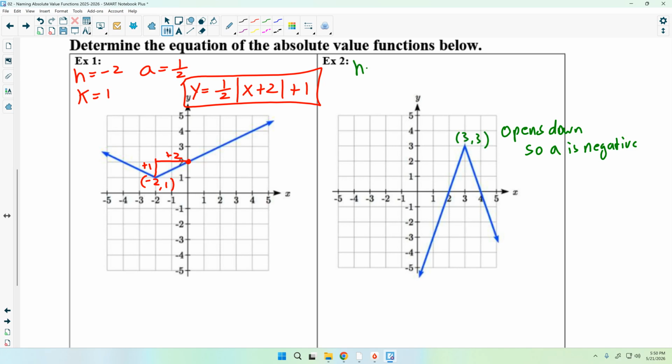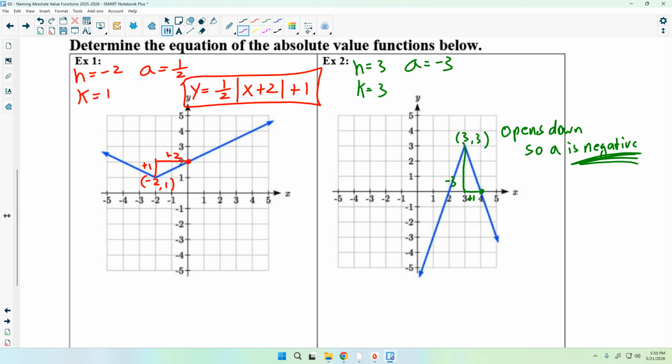So we know h is 3, k is 3, and now let's find our slope. Another perfect point, I'm going to use this one. I can see we're going down 3 to the right 1, and we want our slope to be negative because our a value is negative. So negative 3 over 1, so a is negative 3.